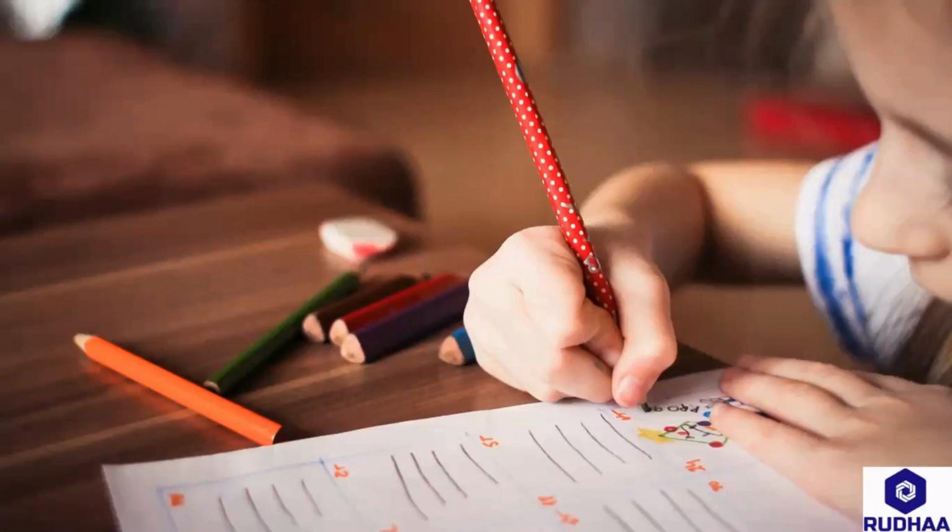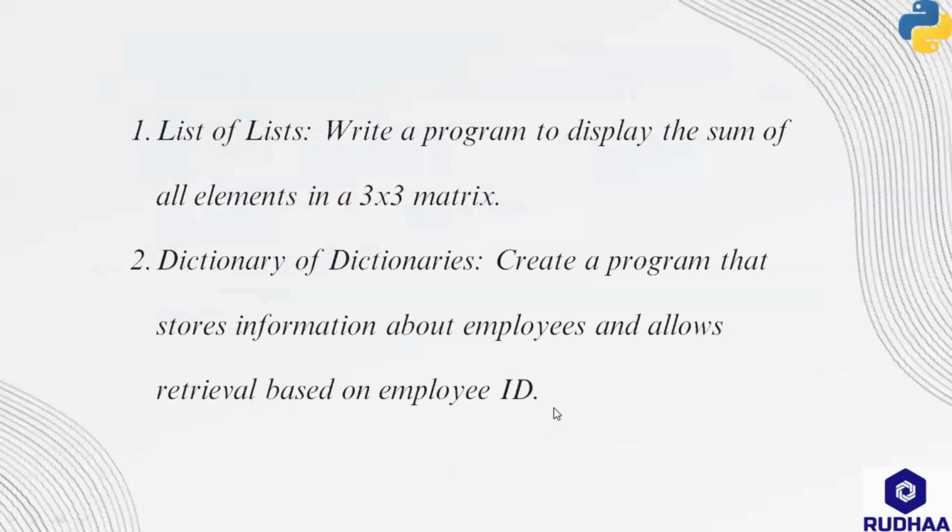Now we'll see an example and hands-on practice to deal with nested data structures. The first task is to write a program using a list of lists to display the sum of all the elements in a 3 cross 3 matrix. This is quite easy, so you can do it on your own. The second task is dictionary of dictionaries. Create a program that stores information about employees and allows retrieval based on employee ID.